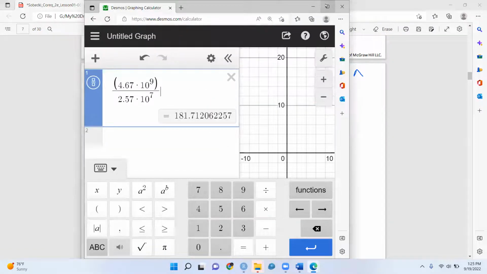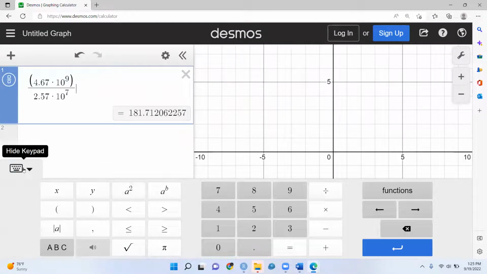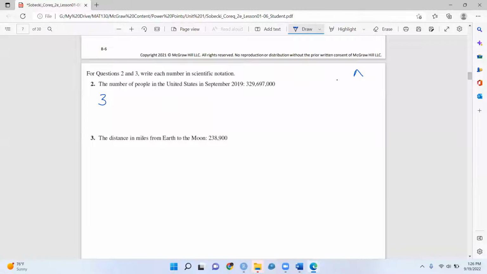Otherwise, when you're in Desmos and you open up the keypad, it's this A to the B thing. That's how you get an exponent. So let me write this number down with all its wonderful commas and all that. And the decimal place, if you don't see one, is at the very end of the number.